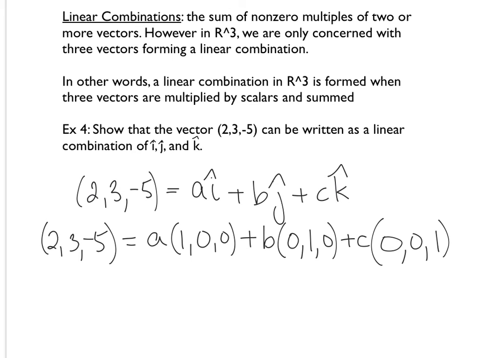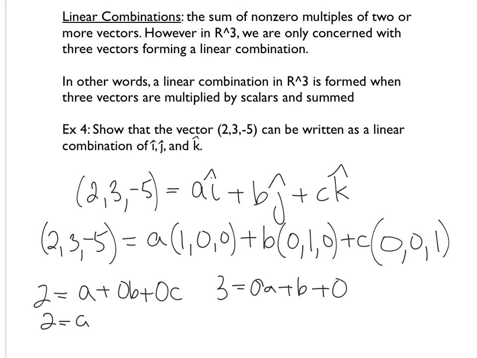And now we have our linear combination and can separate them into, I guess now, 3 equations. So 2 is equal to a plus 0b plus 0c. So in this case, a is equal to 2, obviously. For our y value, we have 3 is equal to 0a plus b plus 0c.